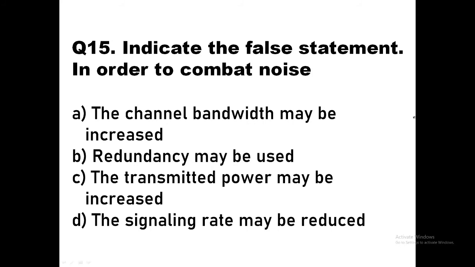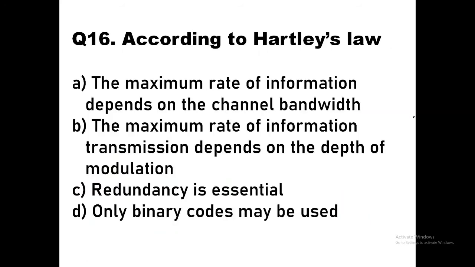The channel bandwidth will be specified and given. So the answer will be A. It cannot be increased. It will be specified, and based on that channel bandwidth only you have to determine your data rate.